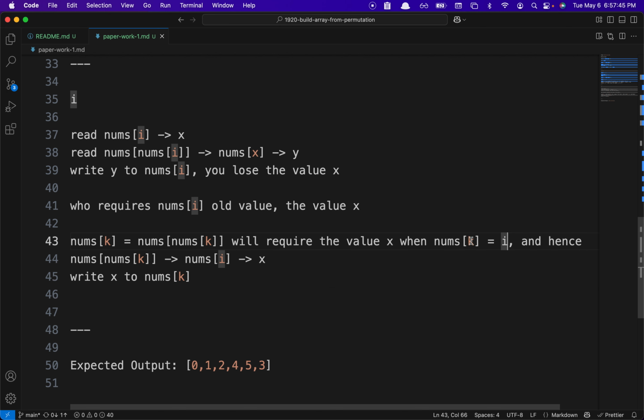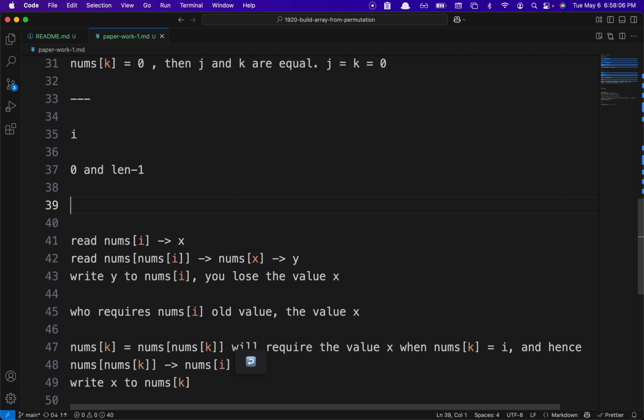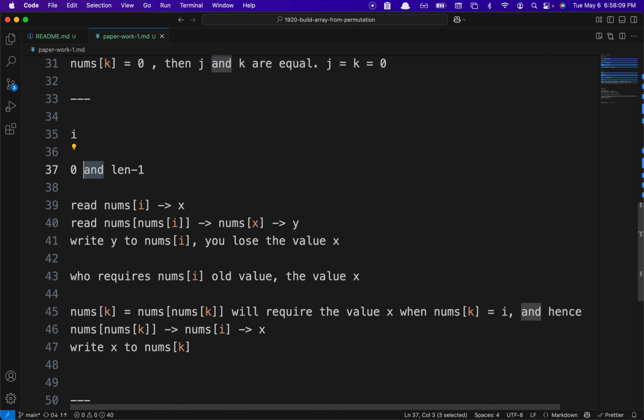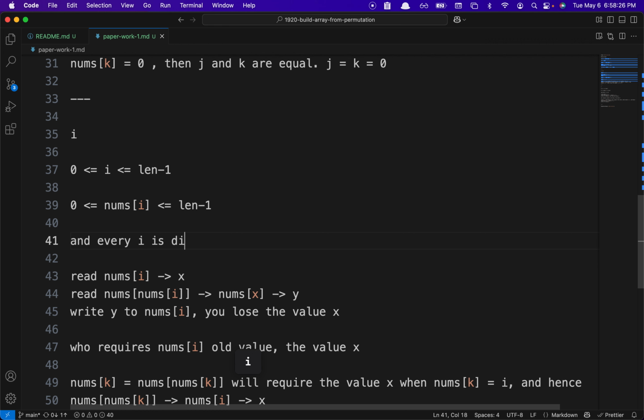Now we need to see who and all has nums of k as I. Remember that I is one value between 0 and len minus 1, and I is greater than or equal to 0, and also same is true for nums of I. And every I is distinct, and every nums of I is distinct, right?